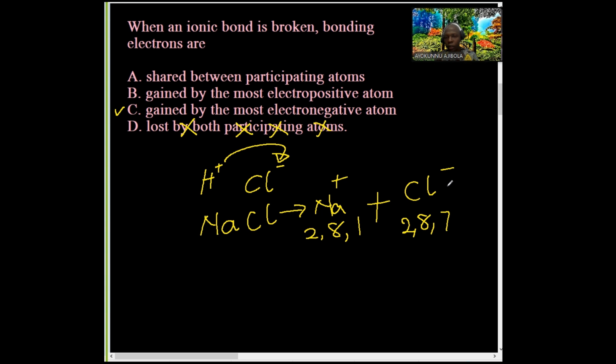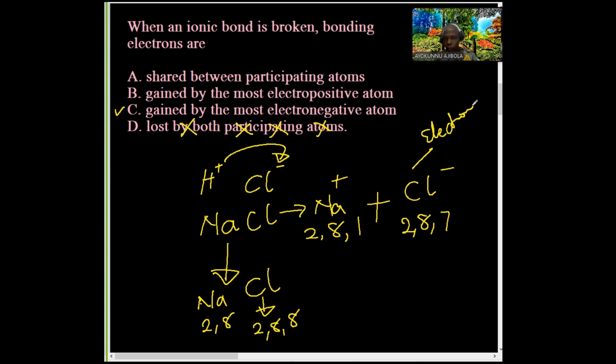When they combine to form this, the sodium present in this will be 2,8, while the chlorine present in this will be 2,8,8. Chlorine is the most electronegative, okay? So it's the one that gained the lost electron. Is that clear? Yes, sir.